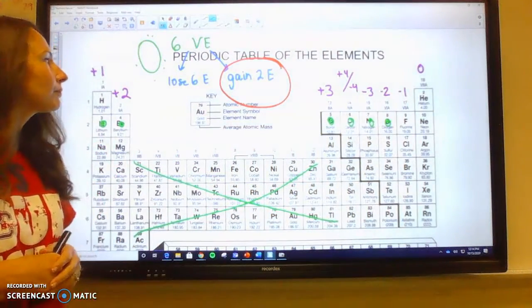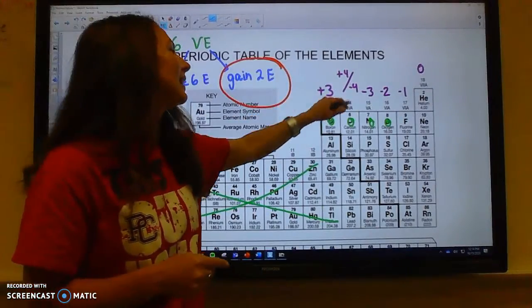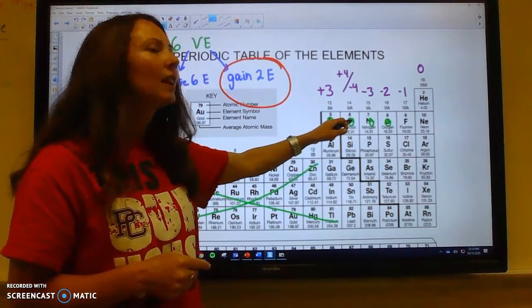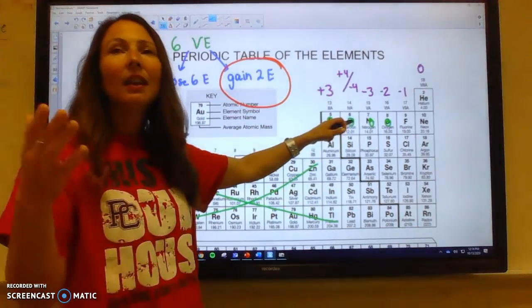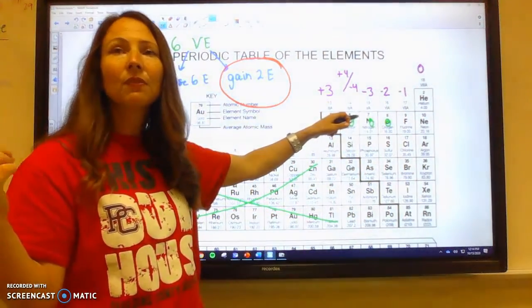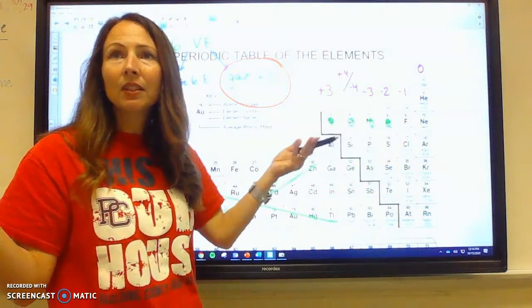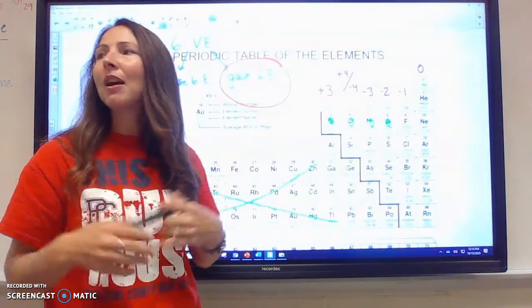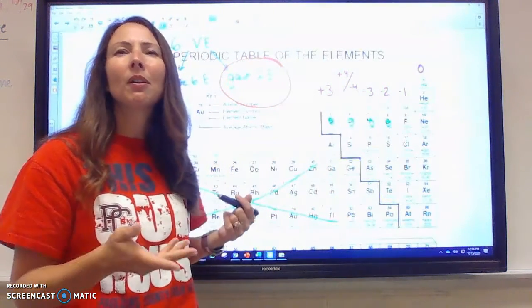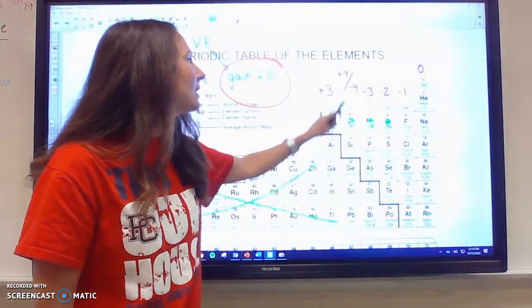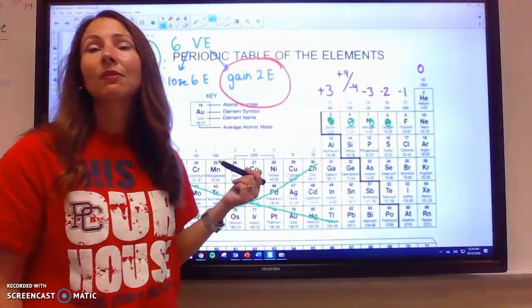What if they're equal? Like these have 4 valence electrons. So it can gain 4 or it can lose 4, and it can give you the same result. They're basically the same amount of energy. So it's going to depend on what they bond with. And so that's why this column says +4 and -4.